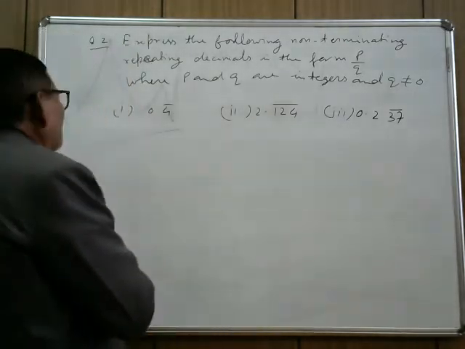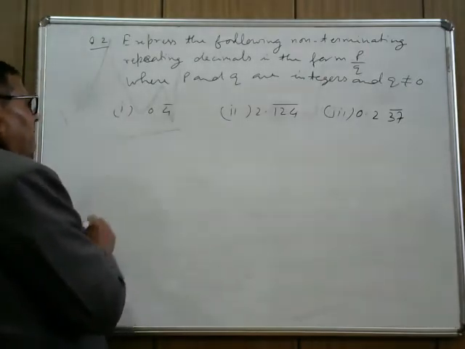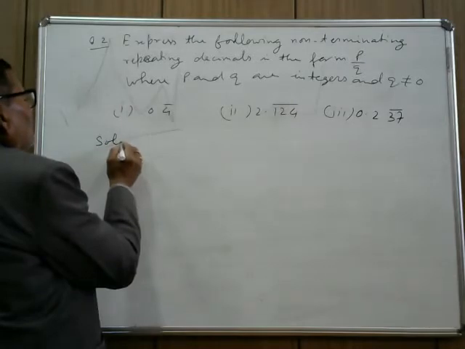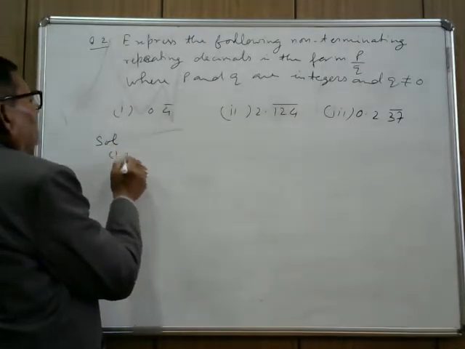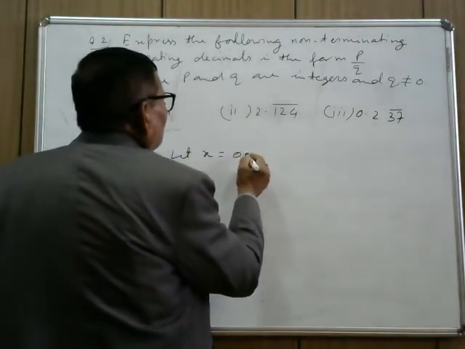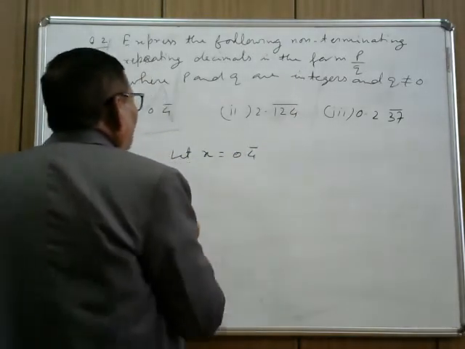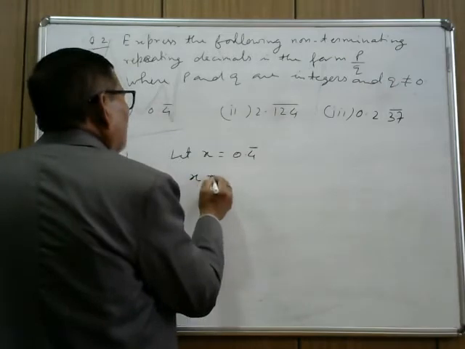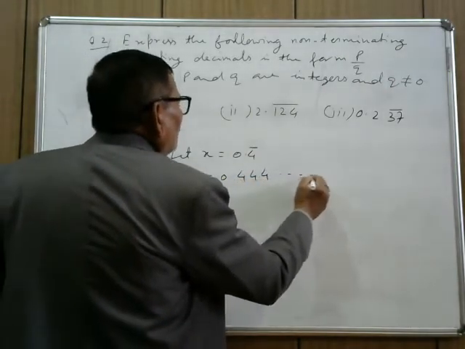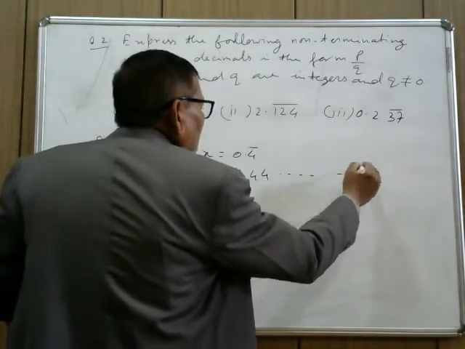So according to my algorithm, you may write the given decimal number equal to x. So let x be equal to 0.4 bar. That is, you write 0.444 and so on. This is your result number 1.